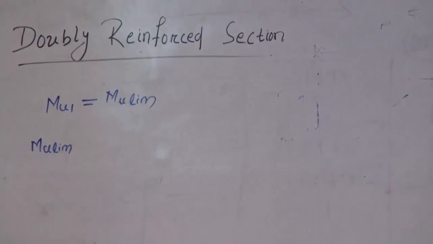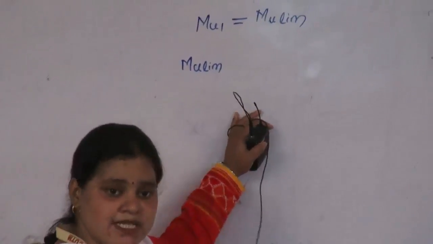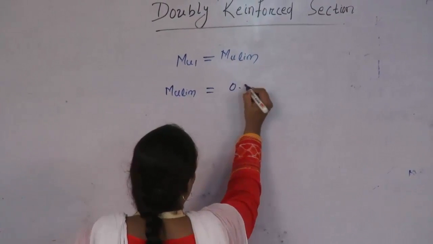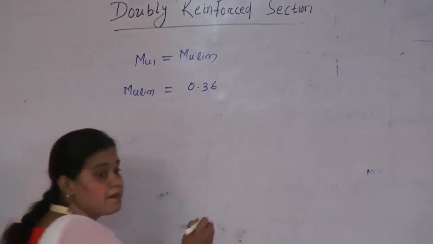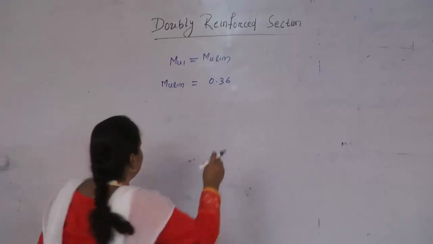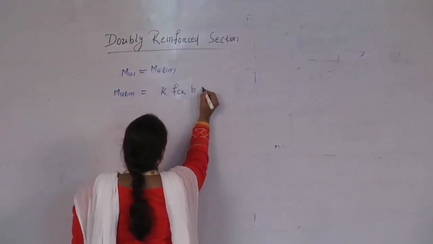In the singly reinforced section, if it is under-reinforced, steel fails first and concrete fails last. Suppose I am taking the compression zone case. What is the formula? 0.36 K into fck into bd square. Just remember, K into fck into bd square.